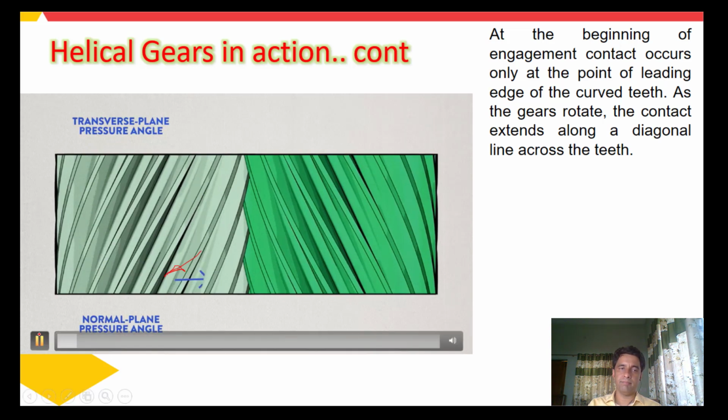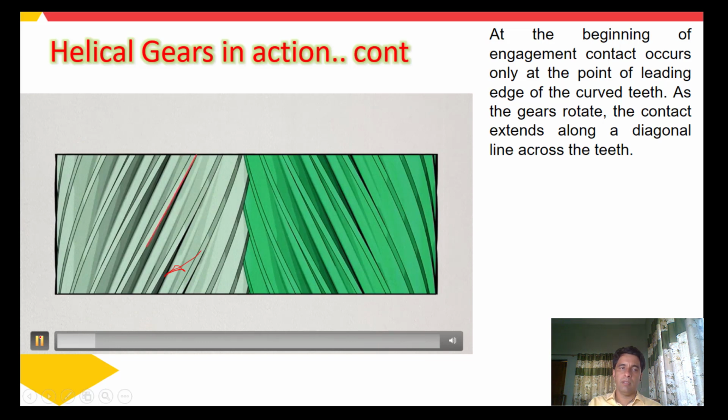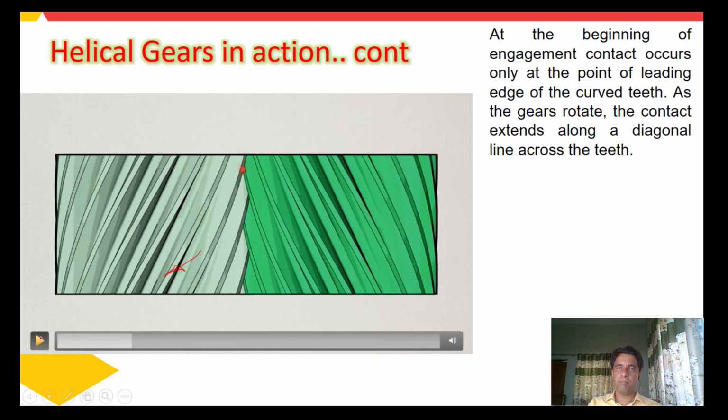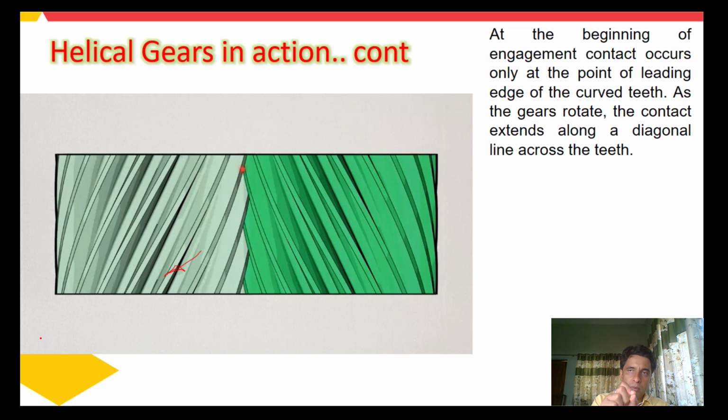Now you look at this. At the beginning of engagement occurs only at the point of the leading edge, which you can see from here. That we call at the beginning of engagement, contact occurs only at the point of leading edge of the curved teeth. As the gears rotate, the contact extends along a diagonal line across the teeth.